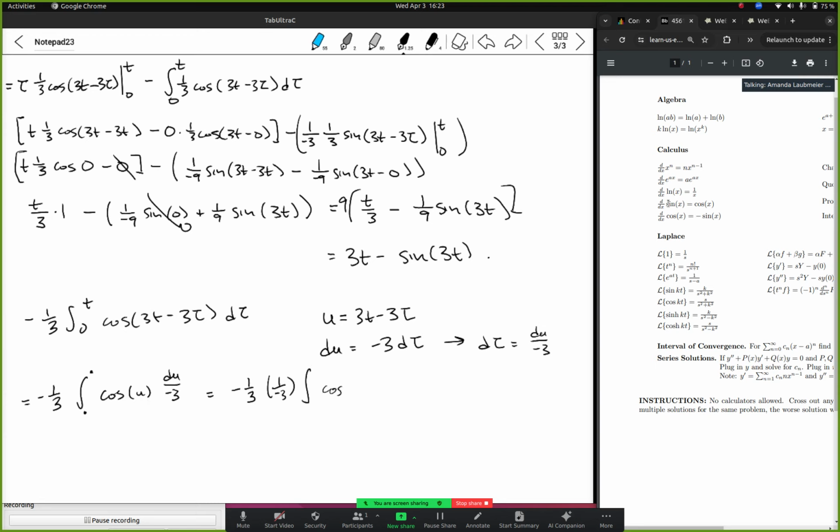Integral cosine u du is just 1 over 9 sine u. And then I plug back in what u was, 3t minus 3 tau, and I can go ahead and evaluate it on the bounds from 0 to t.